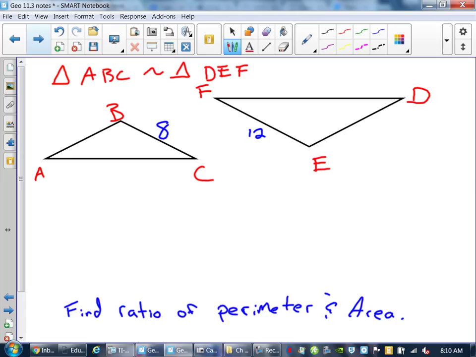What I would do, just to get in the habit again, is AB is to DE, BC is to EF, AC is to DF. All I'm doing there is just writing out that similarity statement. If you guys recall, whenever we did these similarity statements, the more that you wrote it out, the easier it became, because the numbers just fell into place. Same thing, it's going to be the exact same thing.